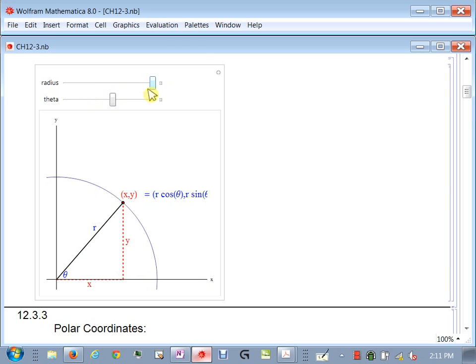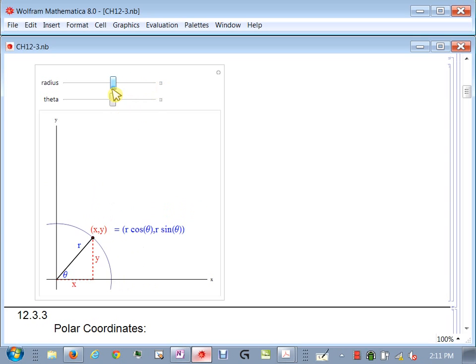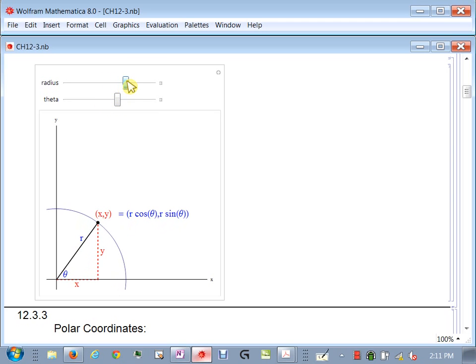Oops, my radius was maxed out. You get the idea though, right? I turn a certain distance, I walk out a certain distance, and I will be at that point. So r and theta instead of x and y. Theta is the angle, r is the distance out, the radius.